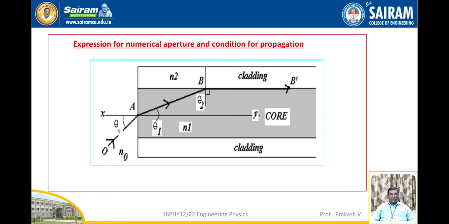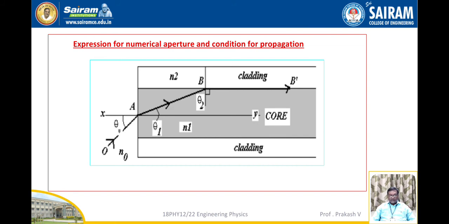Now consider a beam of light entering the optical fiber at A, that is along OA, with an angle of incidence theta naught, such that it gets refracted, making an angle theta 1 with the fiber axis as shown in the diagram, and it falls at the core-cladding interface at B at an angle, say, 90 minus theta 1. Because of that, it just grazes the boundary, that is BB dash, as shown in the diagram.